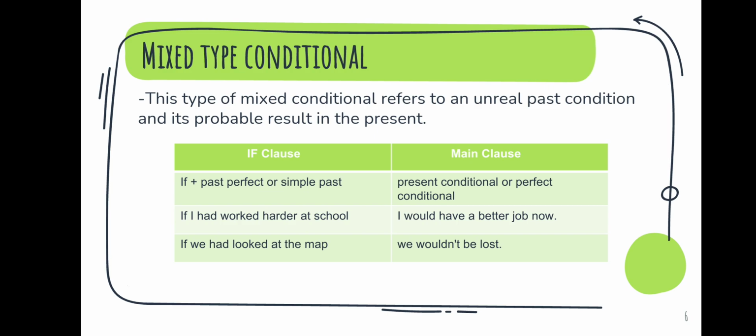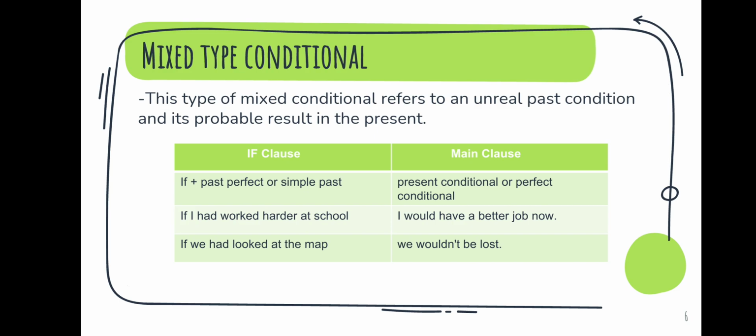The facts they are based on are the opposite of what is expressed. The mixed type conditional is used to refer to an unreal past condition and its probable result in the present. In mixed type conditional sentences, the if clause uses the past perfect and the main clause uses the present conditional.